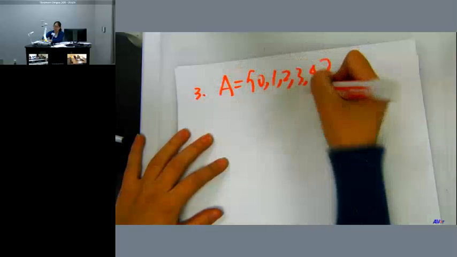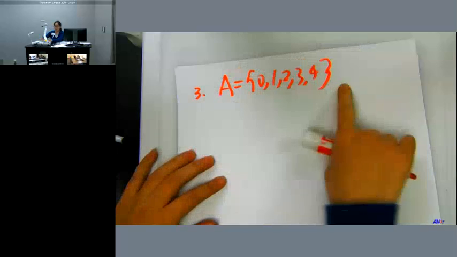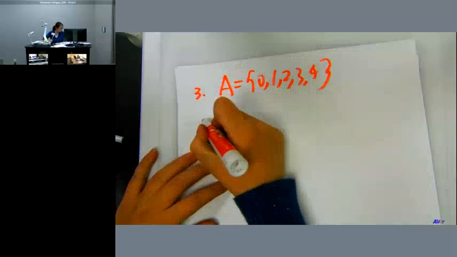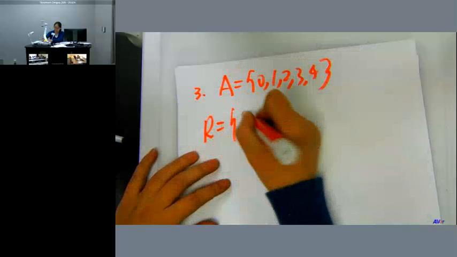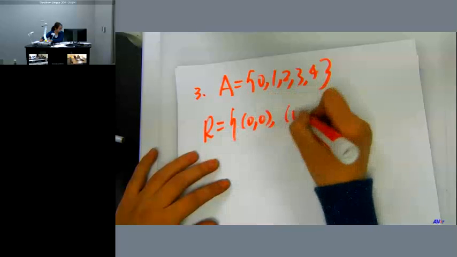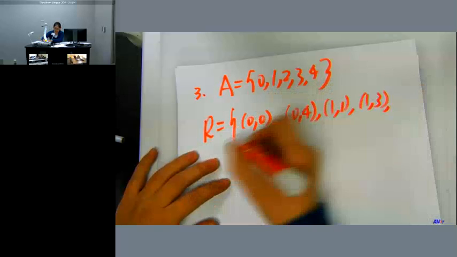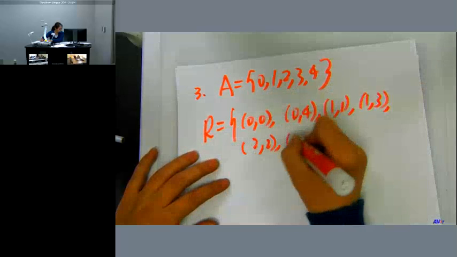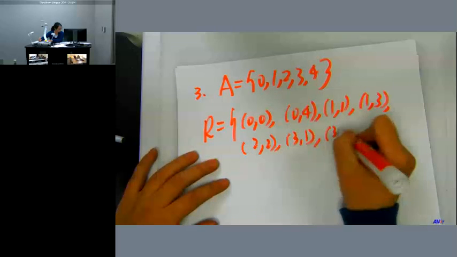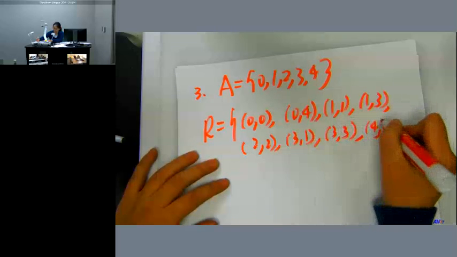So these are the 5 numbers we're discussing, just like those 6 students we have. And the relation defined is this: (0, 0), (0, 4), (1, 1), (1, 3), (2, 2), (3, 1), (3, 3), (4, 0), and (4, 4).